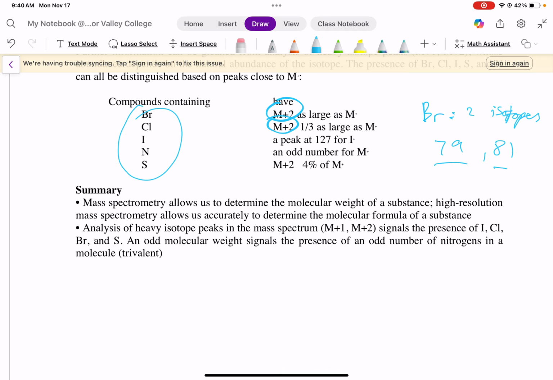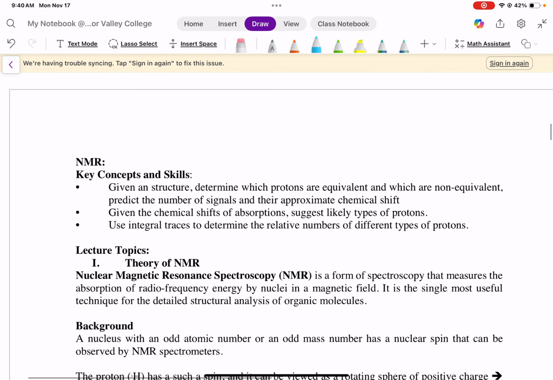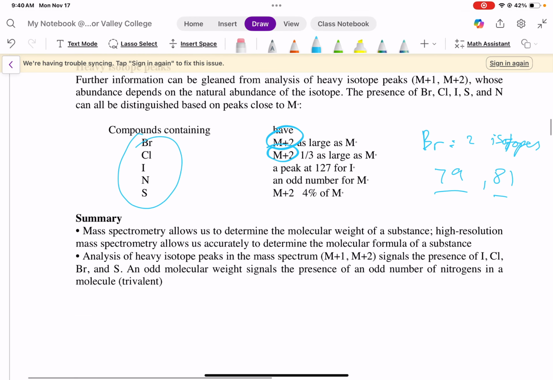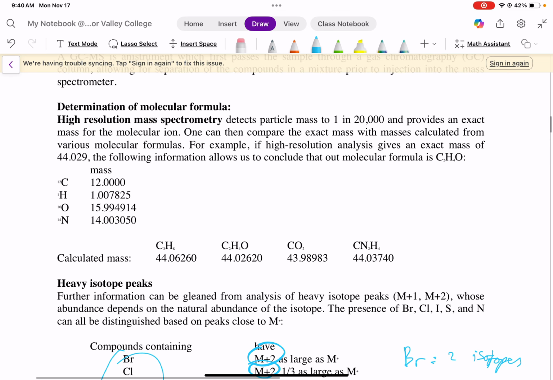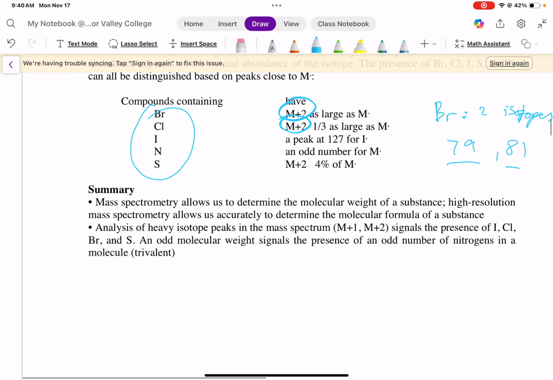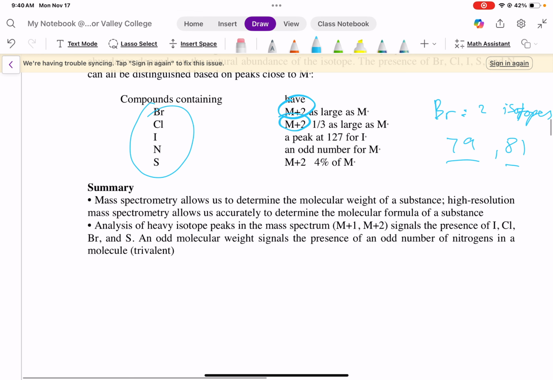They differ by 2, so that's why you see M plus 2. Okay, M is 79 and plus 2 would be 81. And you also see M plus 1. So you're going to see 2 signals instead of 1. You can see M plus, and then you see M plus 2.